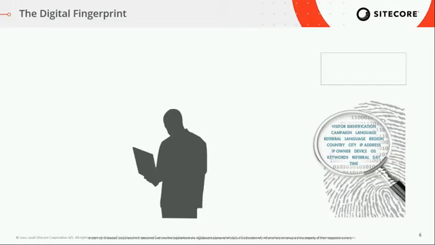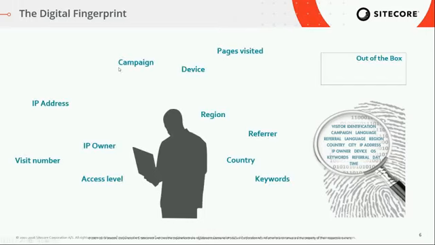So as an example, out of the box, these are the things that Sitecore is tracking about that visitor: IP address, the device they're using, the region they come from, etc. The ones I've added there in orange come from a basic configuration. In other words, once you're in the marketing section, working with that marketing control panel and your other applications within the dashboard on the Launchpad, we have the opportunity to create some patterns based on profiles and so forth.